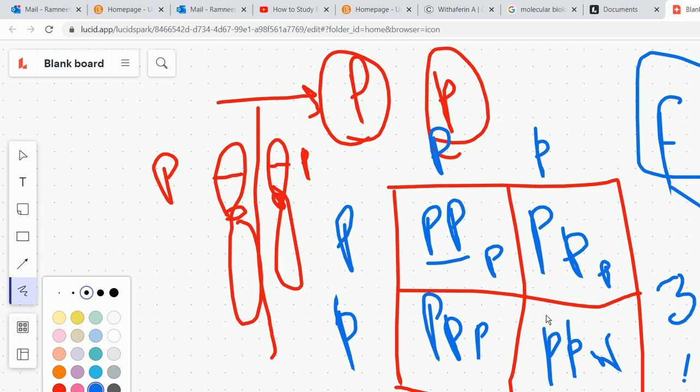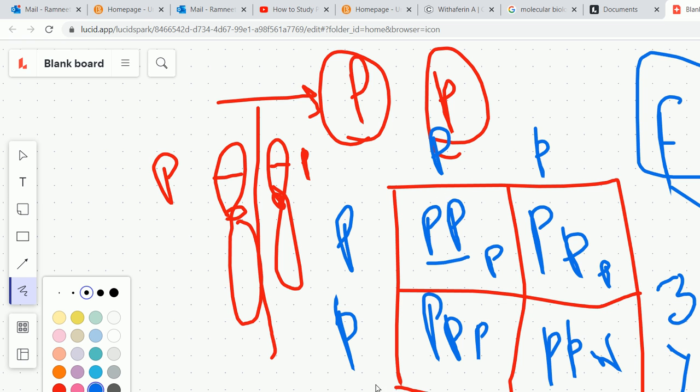So the genotypic ratio is 1 is to 2 is to 1. So 1 pure purple, 2 heterozygous purple, 1 pure white. So this is basically Mendel's monohybrid cross.